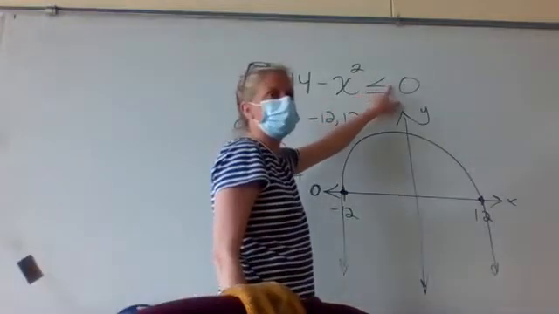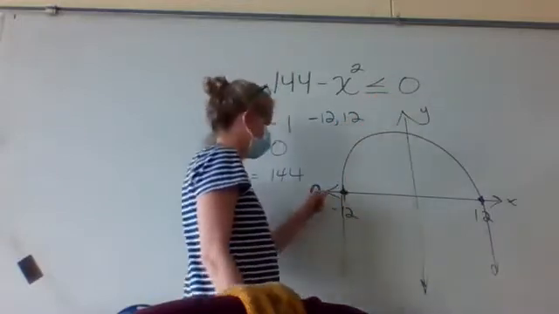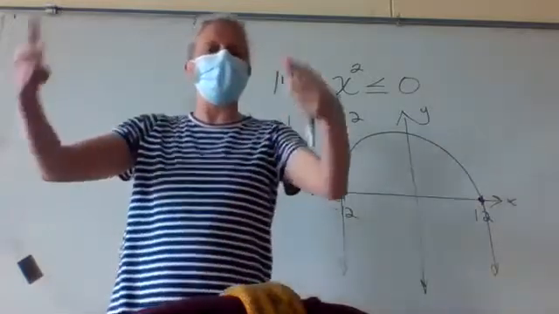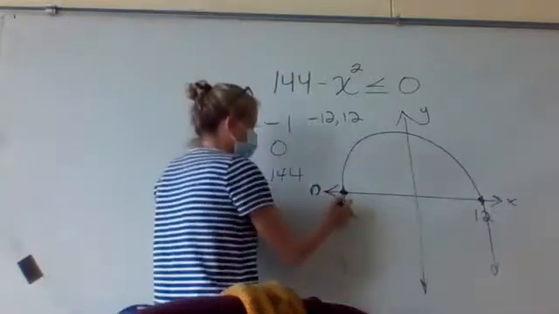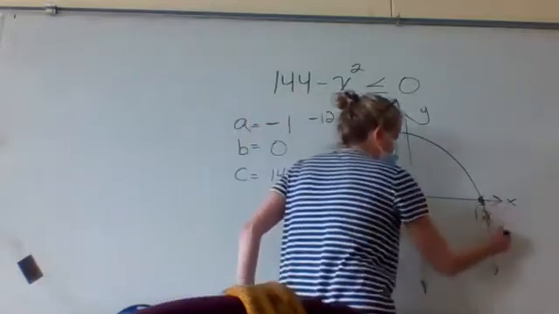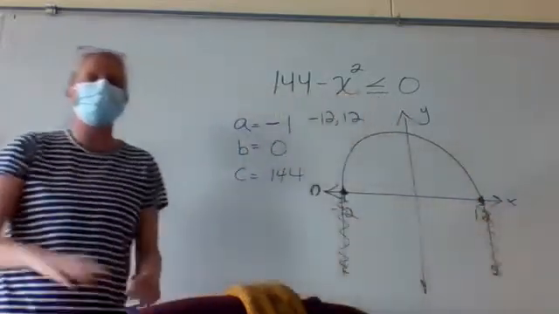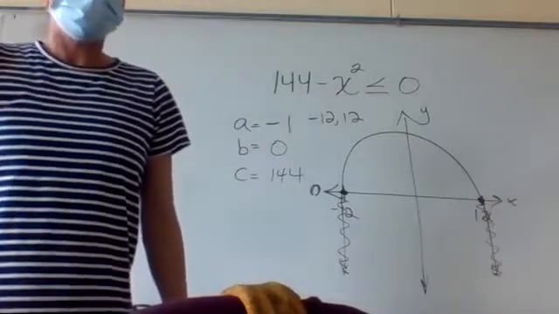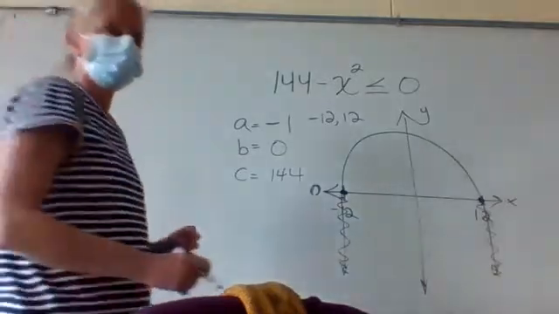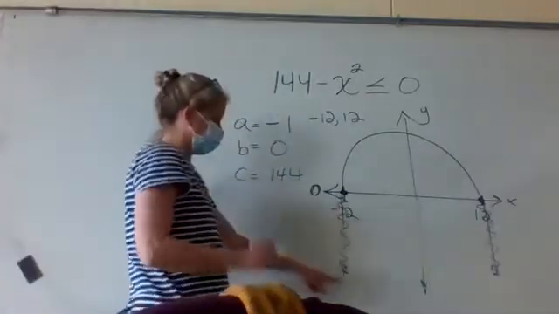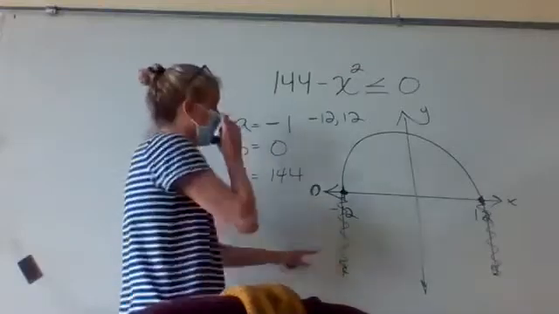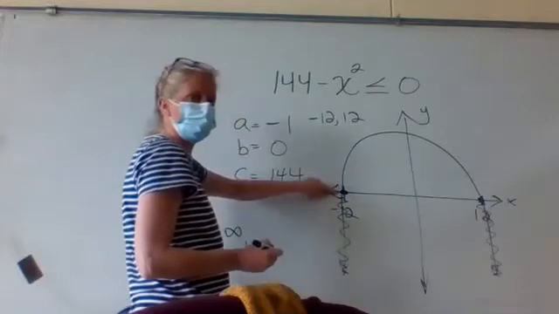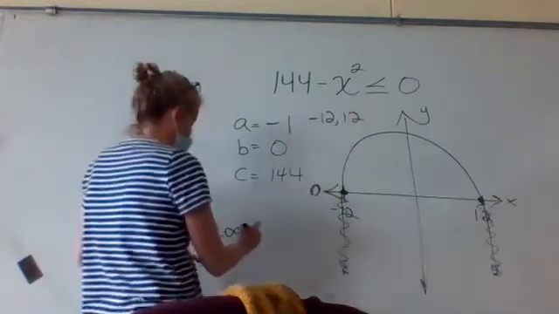It wants to know where is that graph less than 0, so here's my 0. What does less than 0 mean you're talking about? Below the x-axis. So again, there's two intervals. Even though it flipped upside down, there's still two intervals because this time they're talking about below the x-axis. So it starts below the x-axis at negative infinity until it gets to negative 12 because that's when it crosses above.